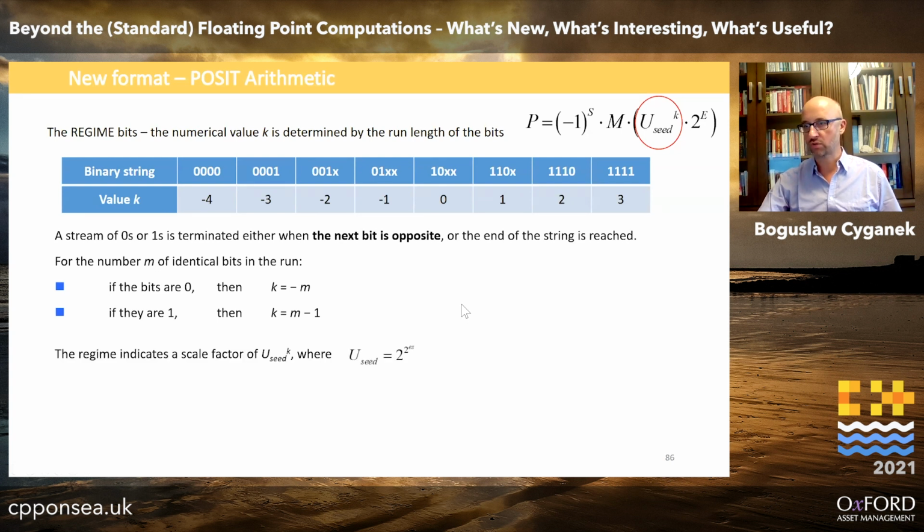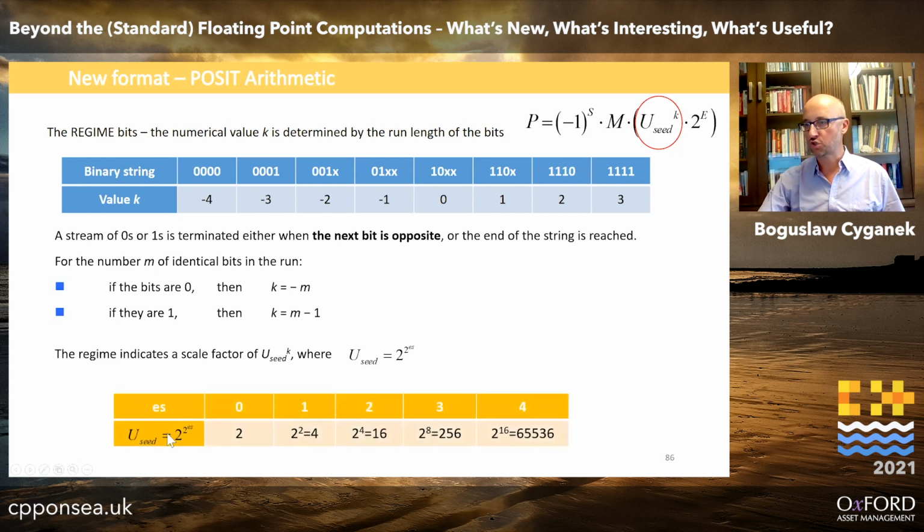And so this is the regime value, you see USEED to k, where USEED is 2 to the power of 2 to the number of bits in ES, the number of bits in the exponent. It can be even 0, we will see in a moment. So we know the k value, and the USEED value is 2 to the power of 2 to the number of exponent bits, which can be 0.